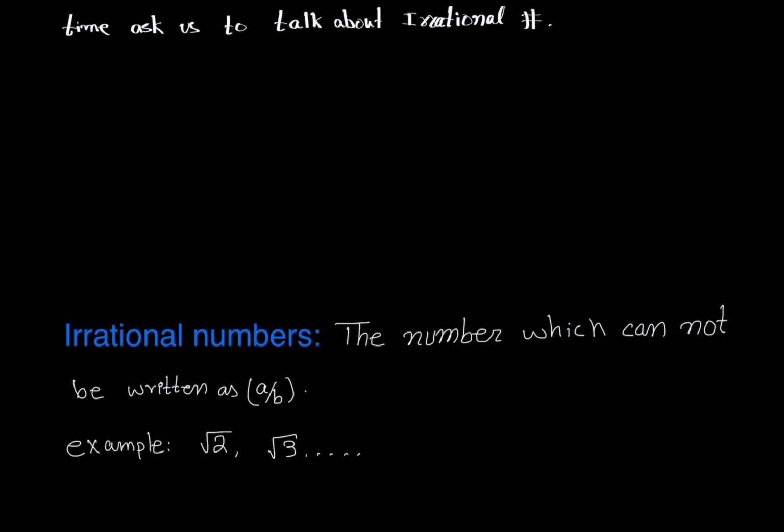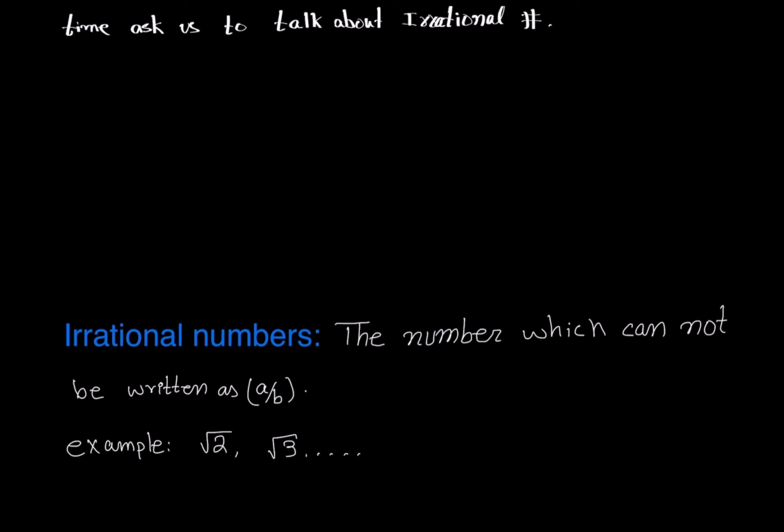Irrational numbers are numbers that cannot be expressed as a over b, or a ratio of a and b. Examples are square root of 2, square root of 3, square root of 5, and any number under a radical expression is an irrational number.